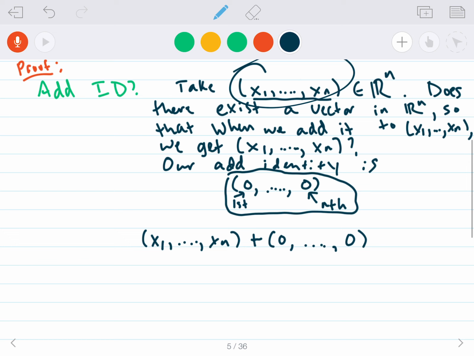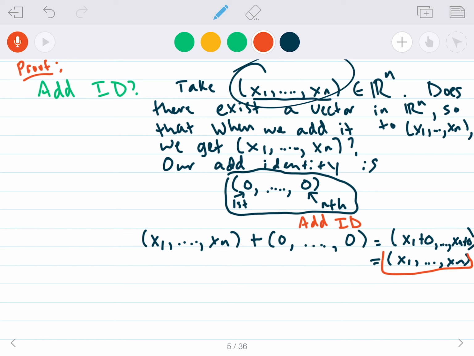So when we take a vector and add the additive identity, we get x1 plus 0, ..., xn plus 0, which is simply x1, ..., xn, because the additive identity in real numbers is the number 0. So that works. That's our additive identity.